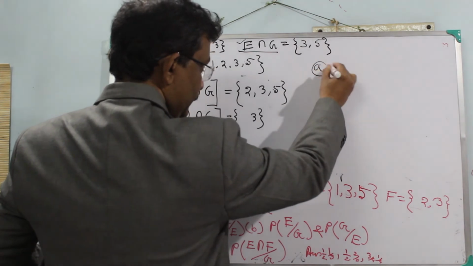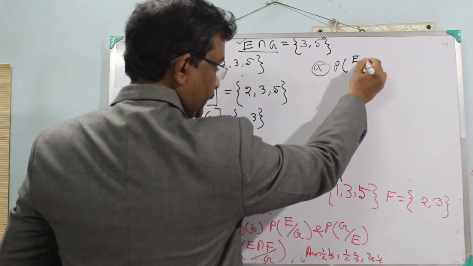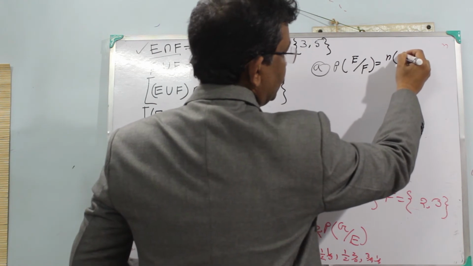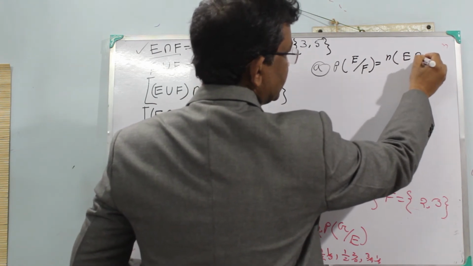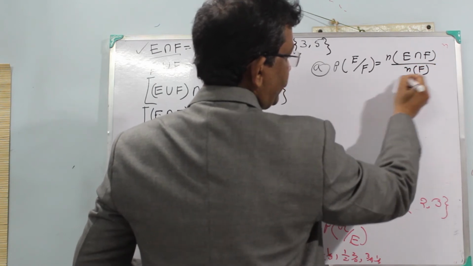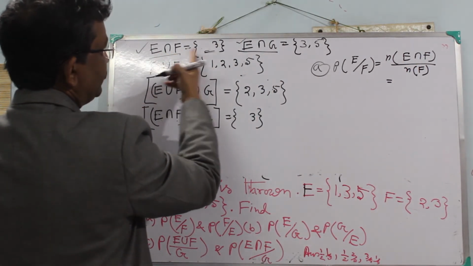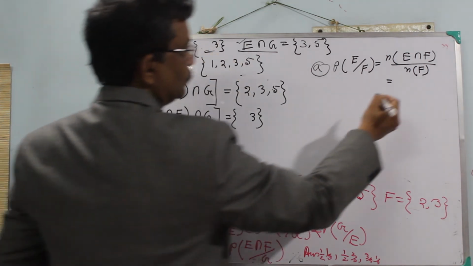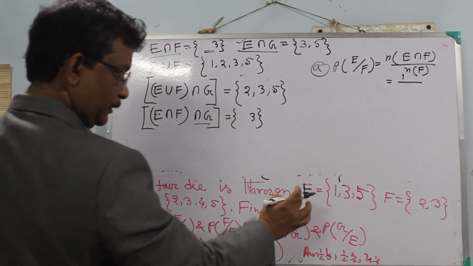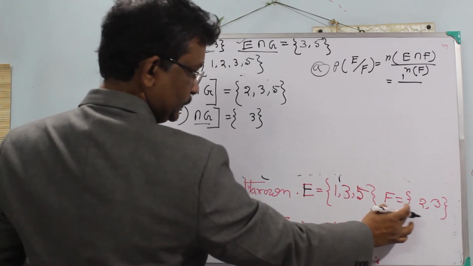A: probability of E when F has occurred. This is equal to the number of elements of E intersection F by n(F). n(E intersection F) is the number of elements, 1, and the number of elements of F is 2.